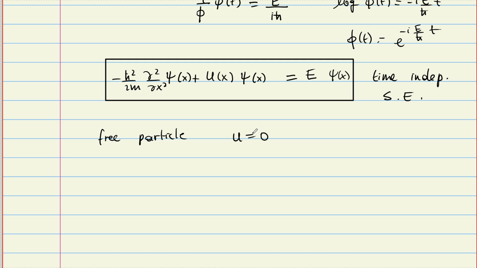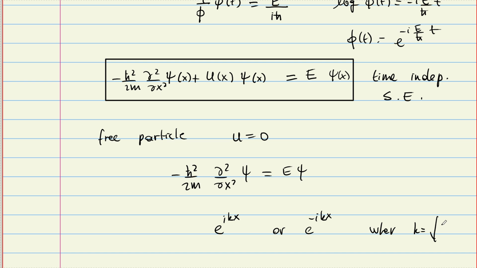It satisfies the separability condition. And in that case, the solution is also trivial, right? Minus ħ squared over 2m del square del x square psi is equal to E psi, and it can be solved with e to the i kx or e to the minus i kx, where k is given by square root of 2m E over ħ squared, right? Yes.